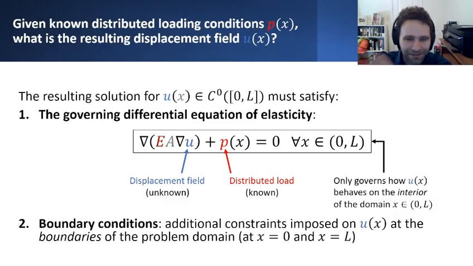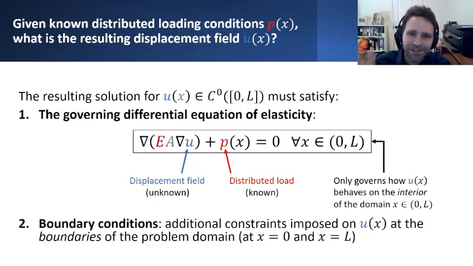So again, boundary value problems in this case really amount to trying to solve for this a priori assumed continuous displacement field which satisfies this governing differential equation of elasticity in one dimension, given known material properties, known cross-sectional properties of the member that we're looking at, known distributed loads or body forces that might act in an axial way along the length of this member.